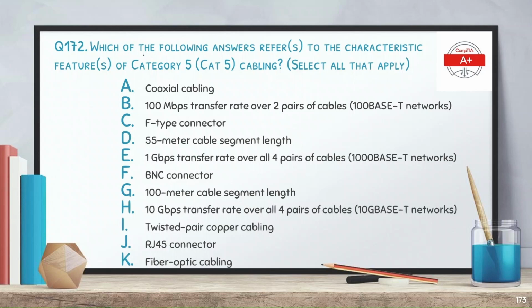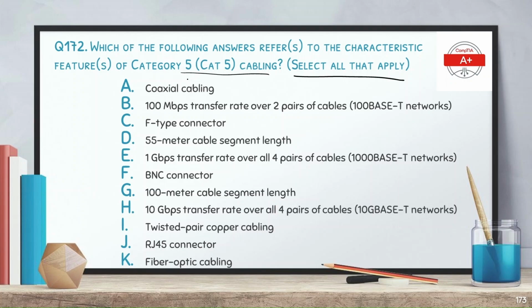Question number 172 is that which of the following answers refer to the characteristic features of a Cat5 or Category 5 cabling? Select all the correct options, and let's get straight to the correct options because we have a lot of options.